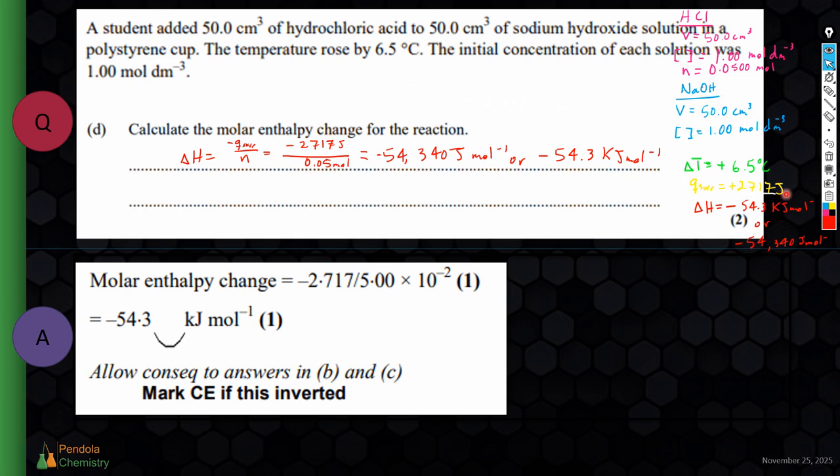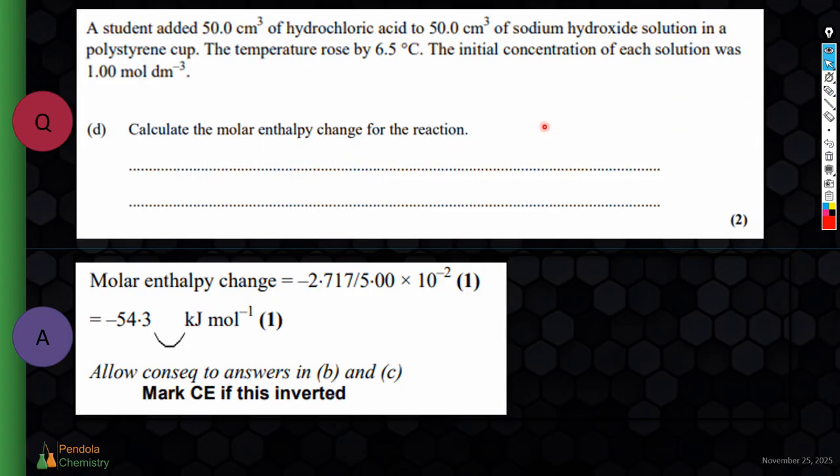Just because you don't know how to do part B or part C, if you know how to do part D, then just put a number for part B or C and then use it here so that you can get error carried forward. All right, so that's this part. You notice that this is 3 questions, but in reality, it's actually just the steps to one much larger question. And these are very common questions for calorimetry.